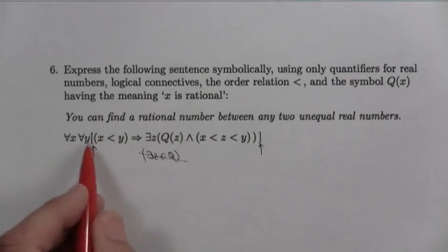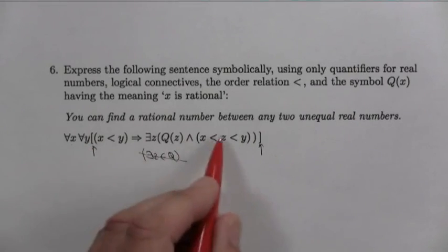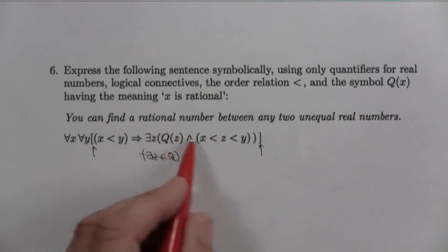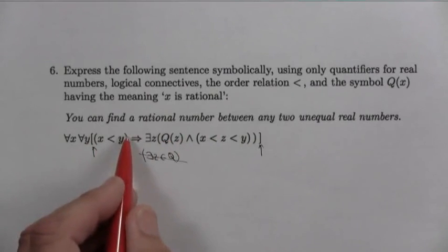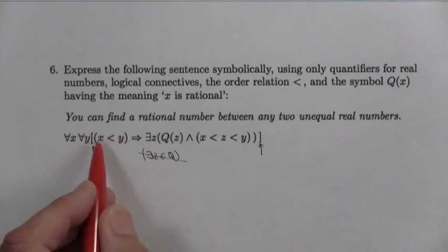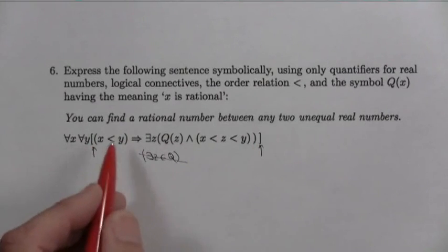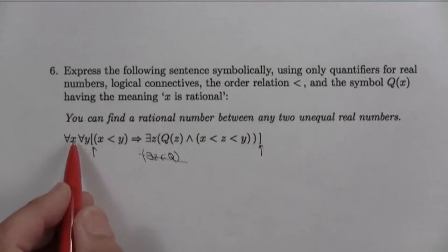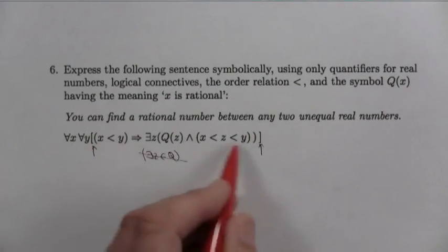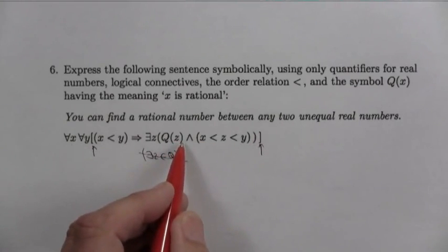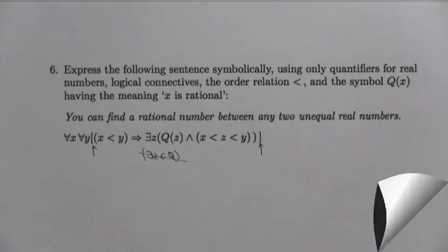In fact, in most mathematics, we never use these formalisms in this detail. This is much more akin to things we have to write down in computer science. But we're trying to learn how to unravel the formal structure beneath the statements we make. Okay? Well, that was number 6. Let's press on to number 7.